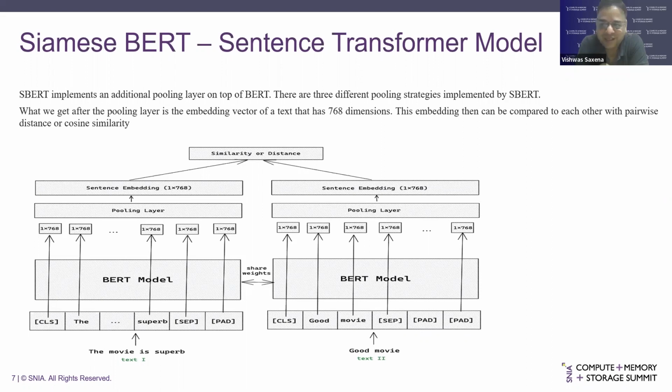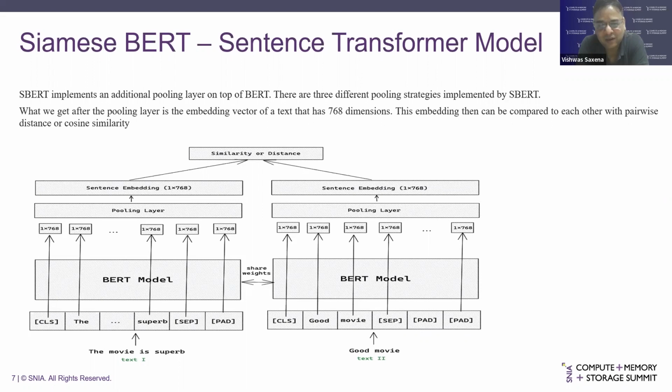But the main thing is there is just one text which is a sentence, and this is how we can basically compare two sentences out here. Let's say the movie is superb is one sentence, and the good movie is another sentence, and both will have a similarity computed using any of the distance formulas, let's say a cosine distance or angular distance or a Manhattan distance.